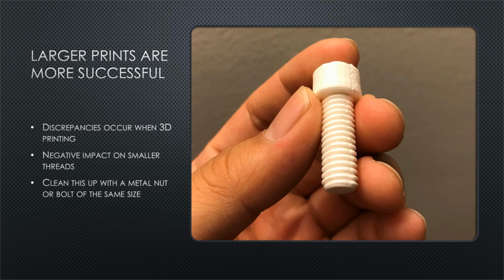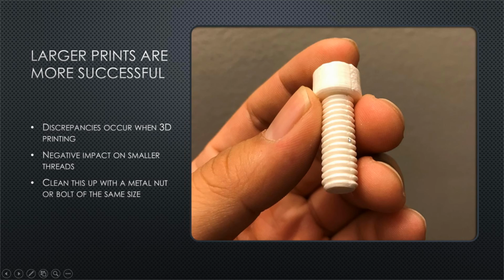And one of the tips I want to give you guys for 3D printing is that larger prints are usually more successful because you don't have to deal with the discrepancies that occur when 3D printing. If you take a look at this picture here, you can see that when I was printing this one, every time it moves up a different layer, you can see on the right-hand side more of this thread.